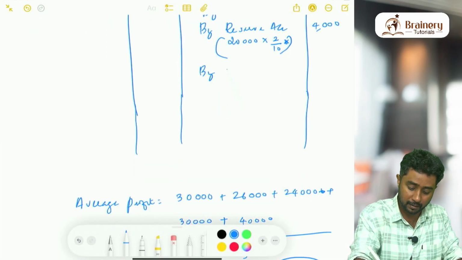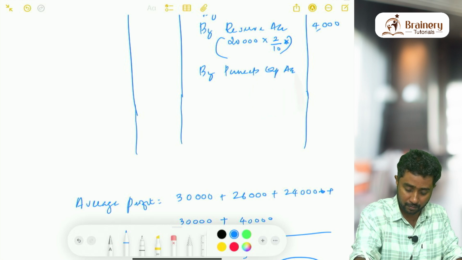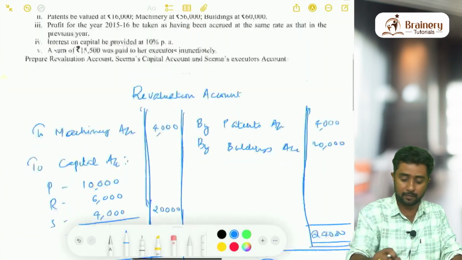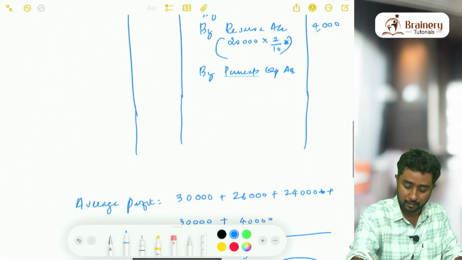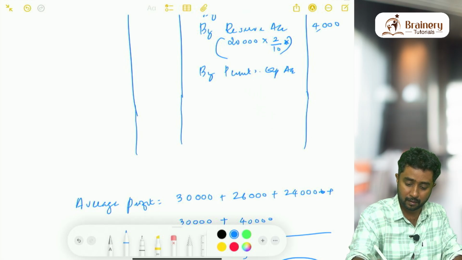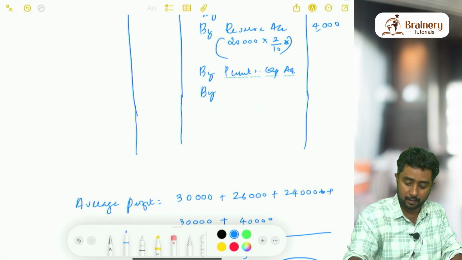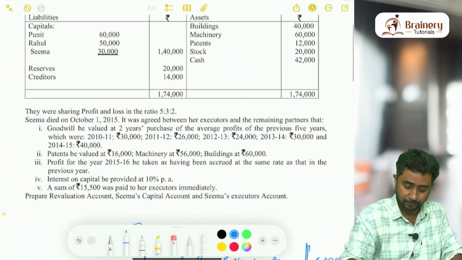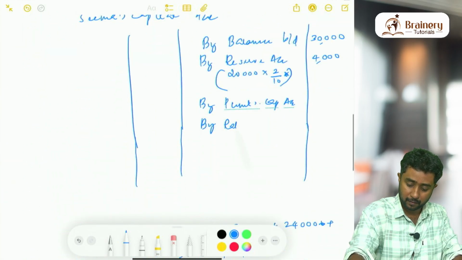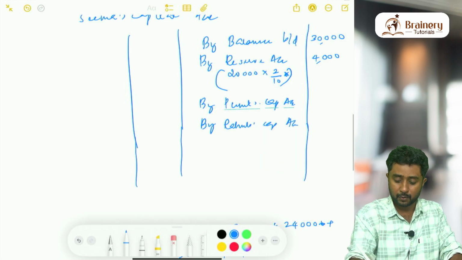So we'll be mentioning like this: by Puneet's capital account, you know what the entry is? Gaining partners' capital accounts debit to sacrificing partner's capital account. So Puneet's capital account, by, the next partner's name was Rahul. So by Rahul's capital account, how much will be the amount?